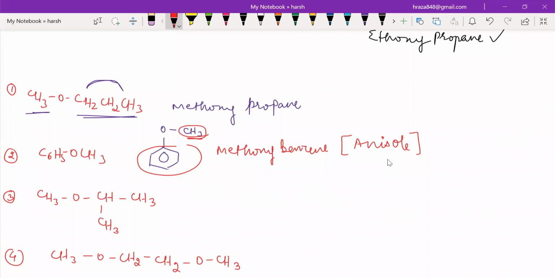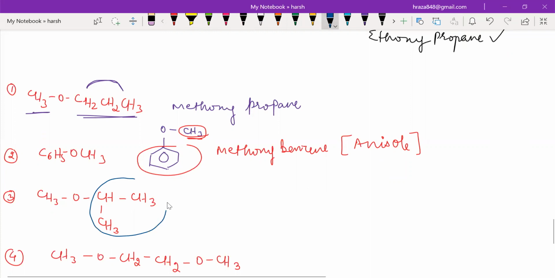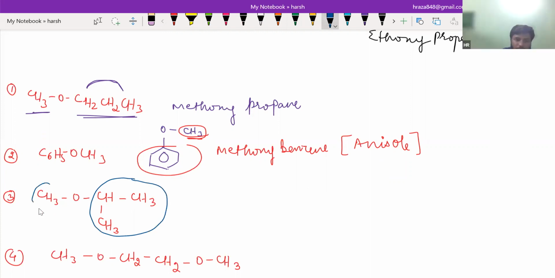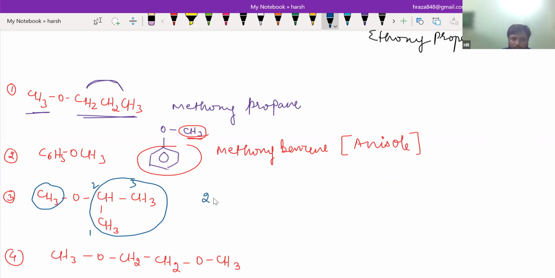Sir, for the first one, the first part is methoxy. The rest part, we can't put di, right? No. You have to number it. We have to decide which one will be the parent chain and which one will be the substituent. So you have to number it 1, 2, 3. And you can see on carbon 2, it's methoxy.